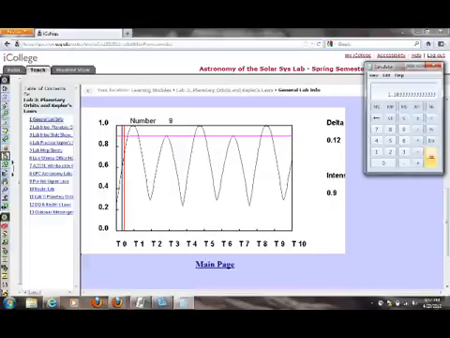Okay, and that's all there is to, I think that's pretty much all we need this program for. So the rest we can actually do from the lab manual.